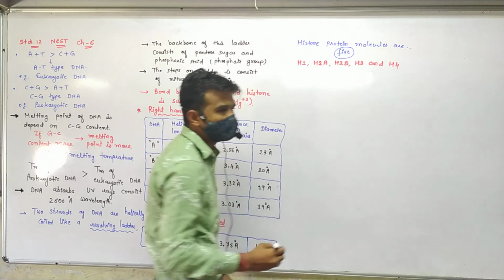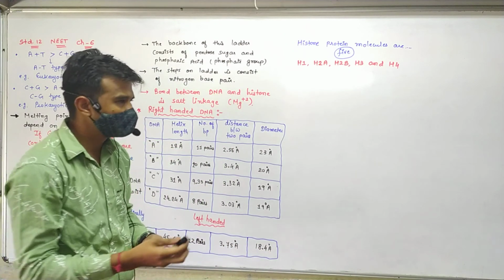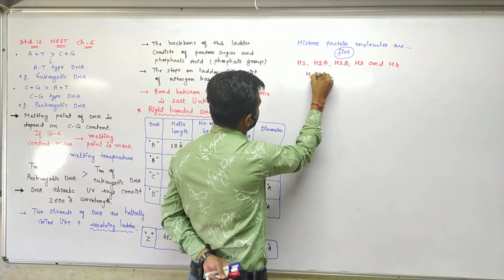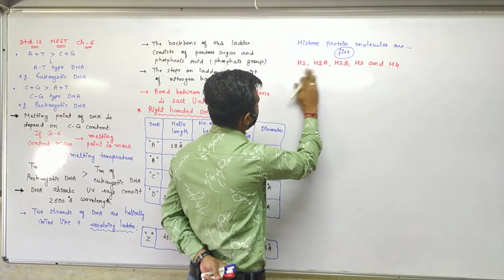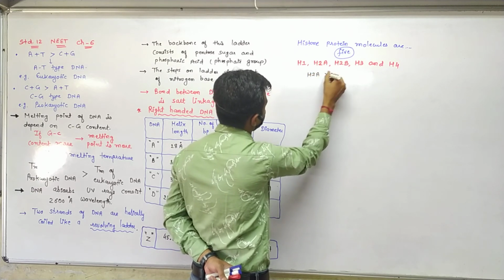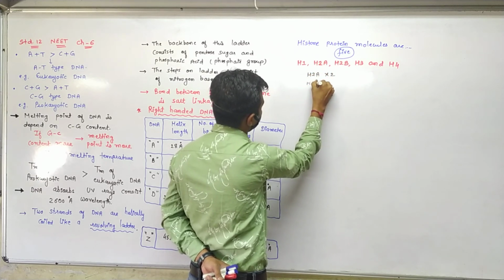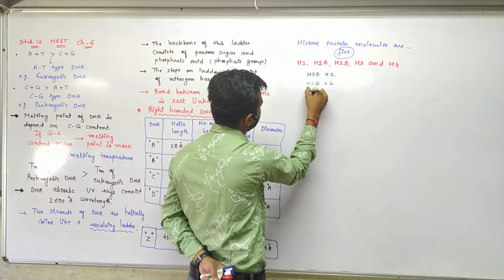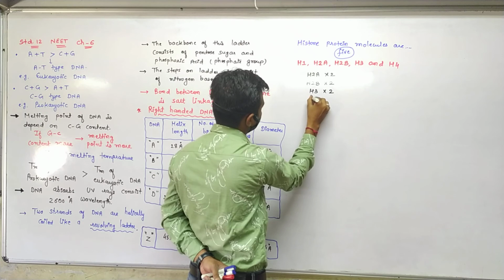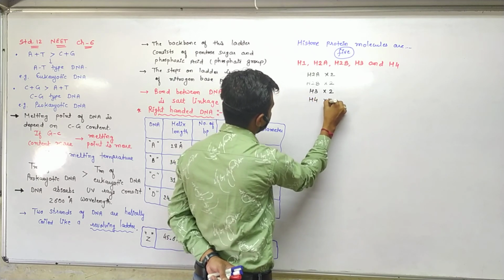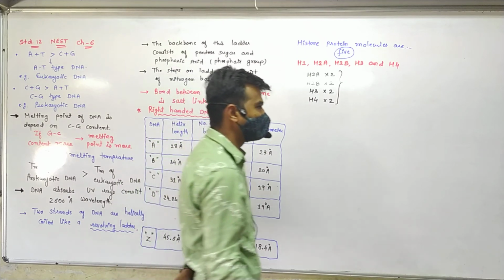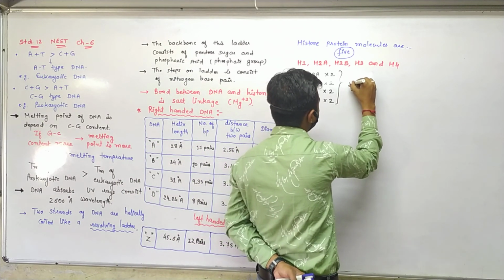And as you know very well, H2A 2 molecules, H2B 2 molecules, H3 2 molecules, and H4 2 molecules are joined together and form the histone octamer.